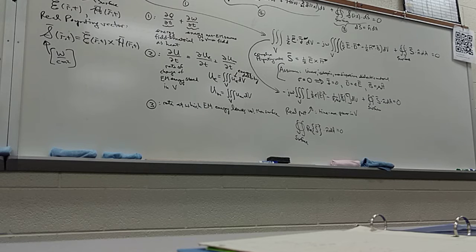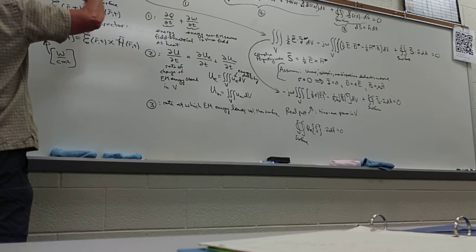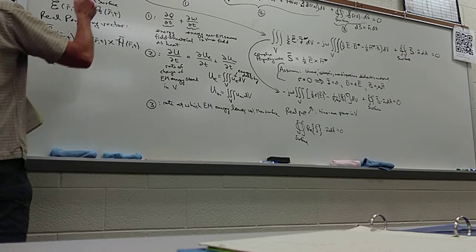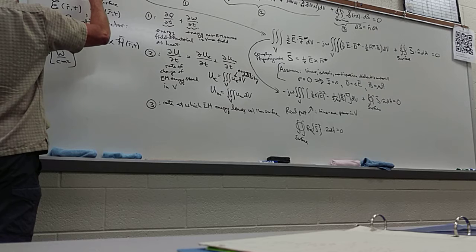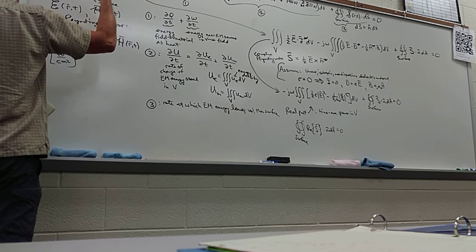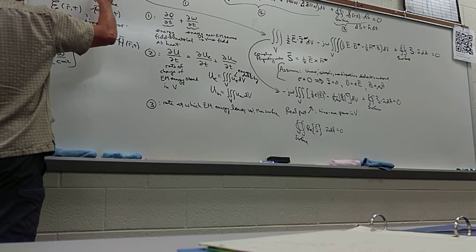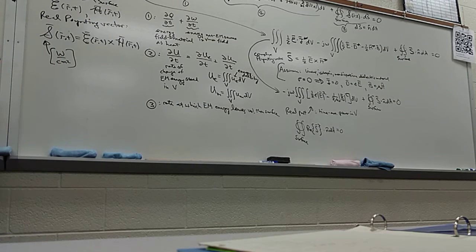What if instead of integrating over this entire surface, we just chose some region here, call it A naught. So that area, we just want to know how much power is going through that area.